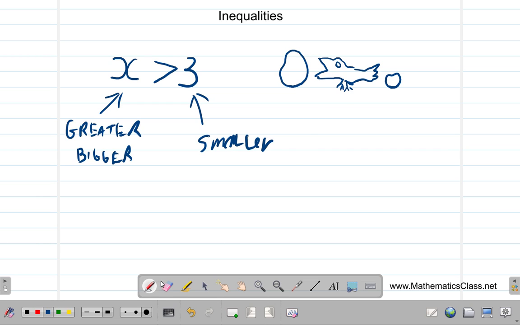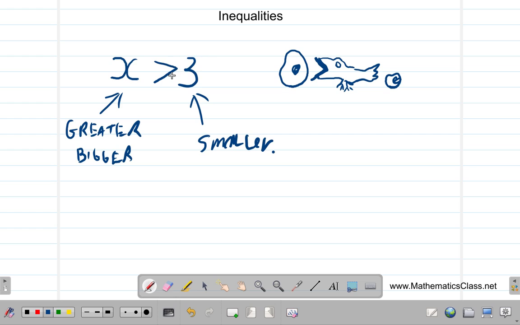So that is the sign that shows that this is bigger than this. Whatever is in front of the bird's beak is bigger. You see that? So that means x is greater than 3.